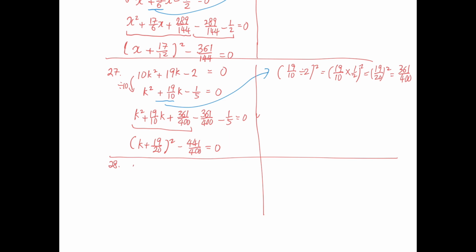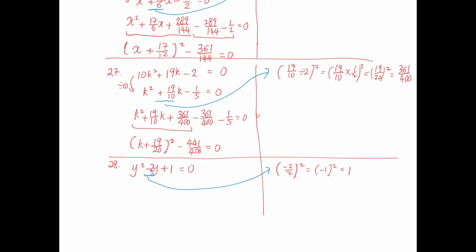28. Y squared minus 2y plus 1 equal to 0. Okay, so as you can see the minus 2 here, we divide by 2 and we square. So we get minus 1 squared, we get 1. And we already have 1 over here.